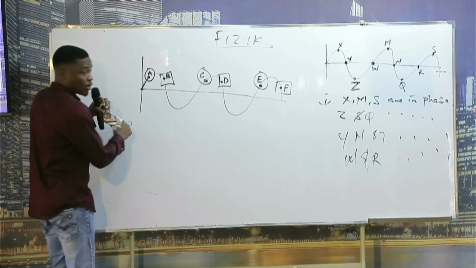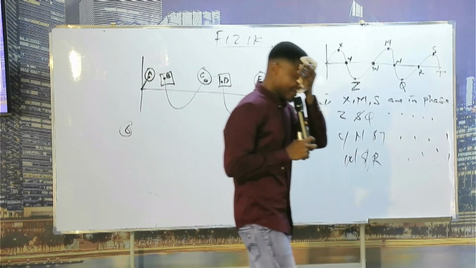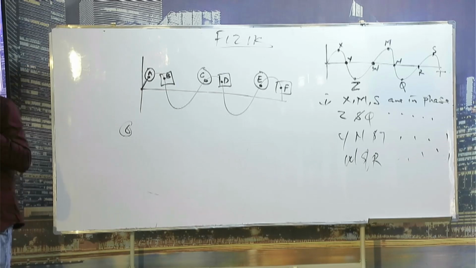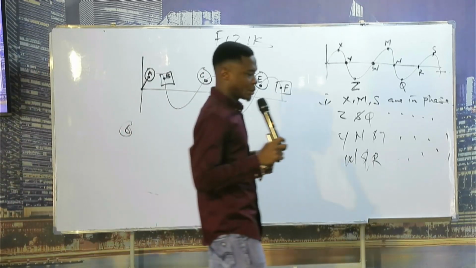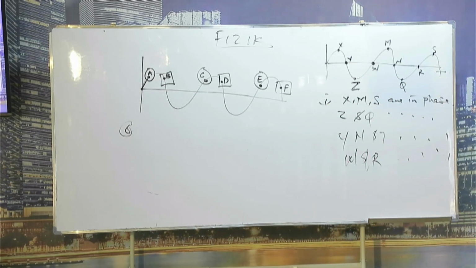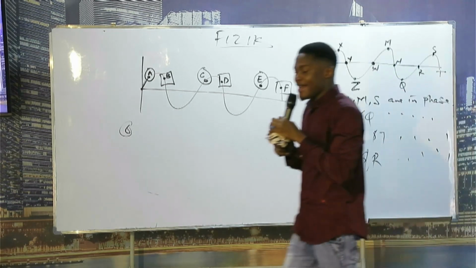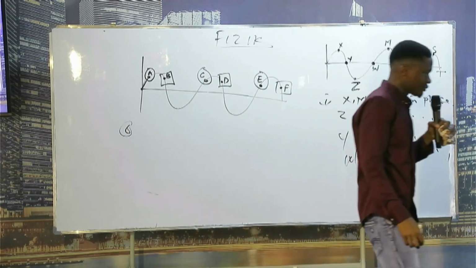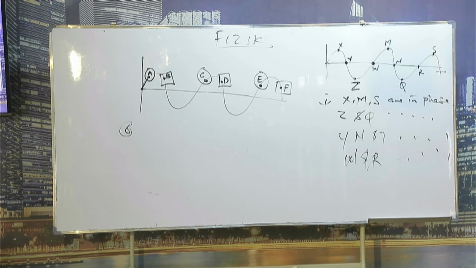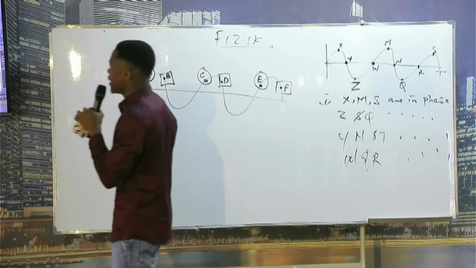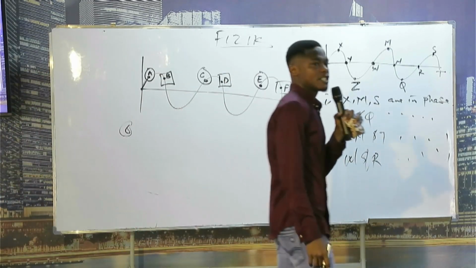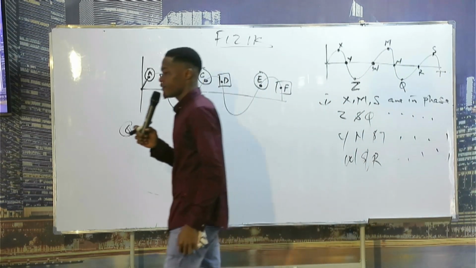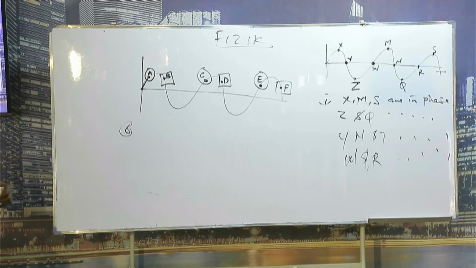Let's write. Number 6: Amplitude. Amplitude is defined as the maximum displacement of a wave from its equilibrium position.